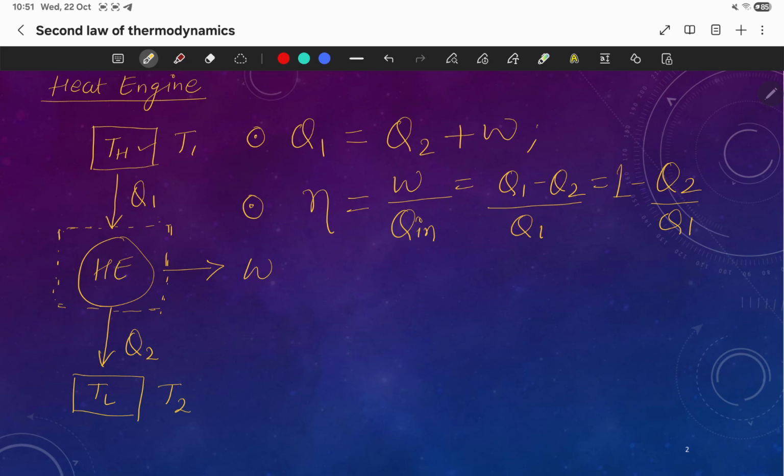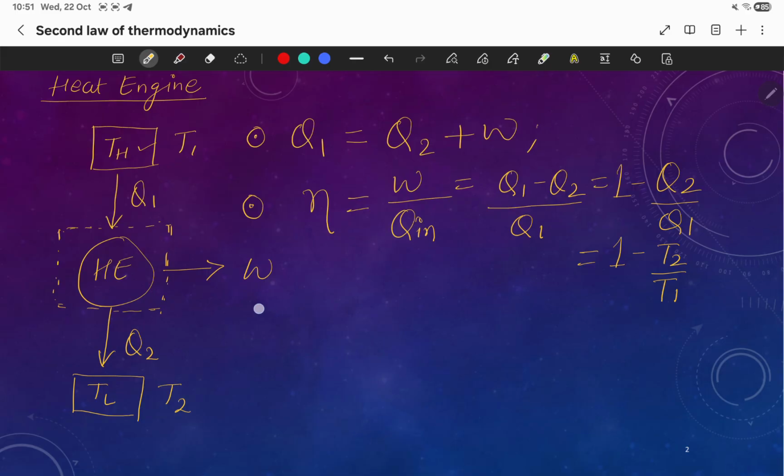And if this heat engine is reversible in nature, then Q2 by Q1 will be equal to T2 by T1.